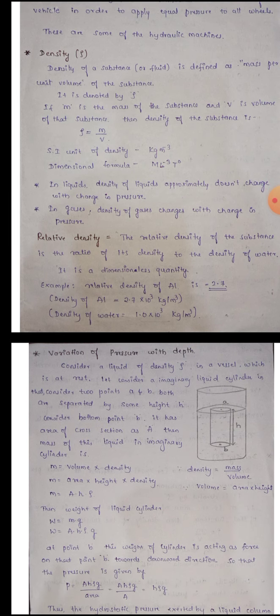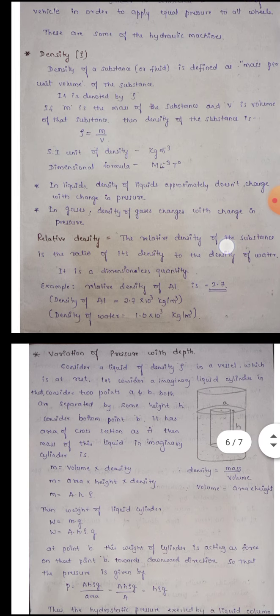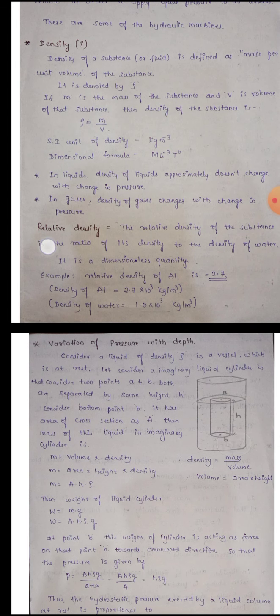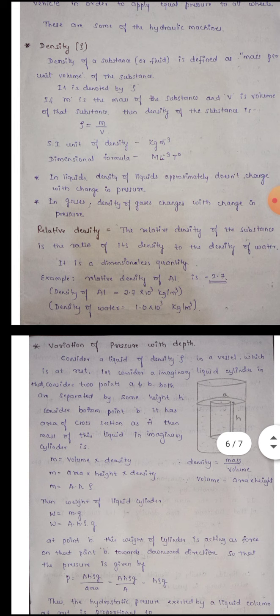And next we have relative density. Relative density of a substance is the ratio of its density to the density of water.